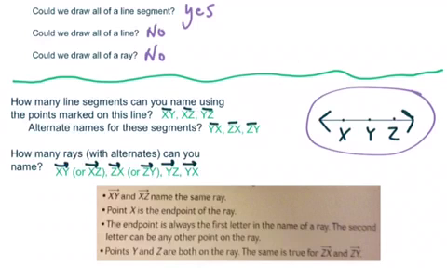And then let's take a look at rays. Using that same line, what rays and alternate names can I come up with? So for this one, there's 4 different possibilities. I could do XY, which could also be called XZ, or I could do ZX, which could be called ZY, or I could do YZ or YX.